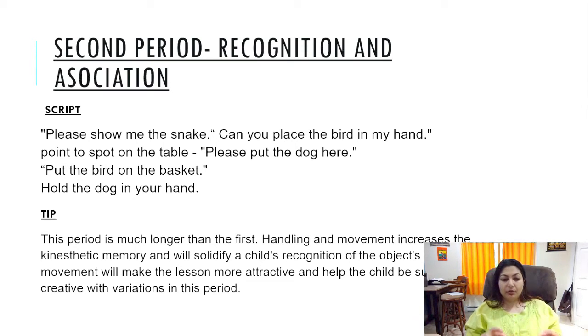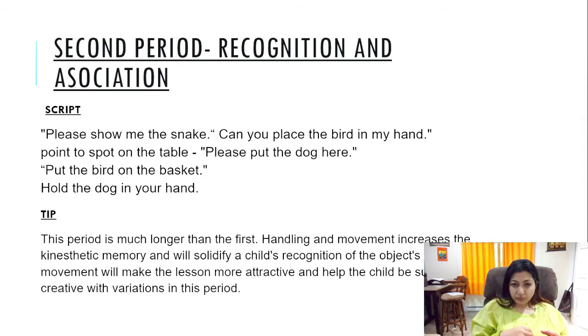All that movement from place to place, putting the basket on the table or in the hand, helps in solidifying their memory about the recognition of the object.